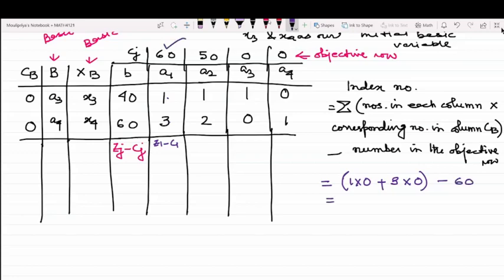That is, the first column would give us the value minus 60. Am I correct with this? So can you tell me what about the index number corresponding to the second column?